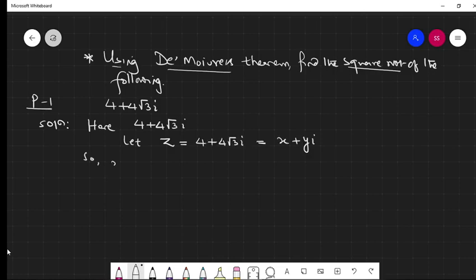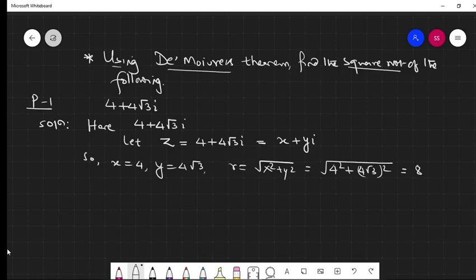So x equals 4, y equals 4 root 3, then r equals the square root of x squared plus y squared, equal to the square root of 4 squared plus (4 root 3) squared. By calculation, 16 times 3 is 48, plus 16 is 64, and the root of 64 is 8.